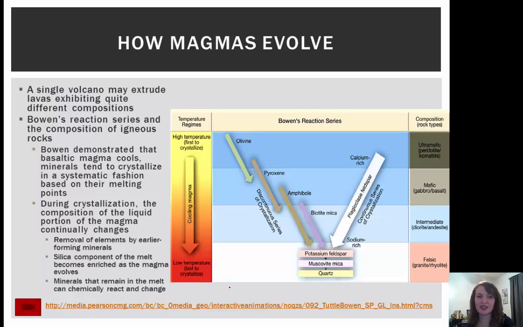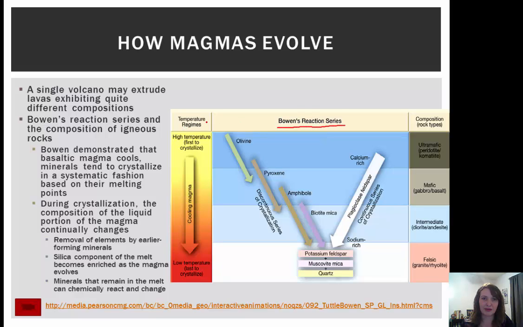During crystallization, the composition of the liquid portion of the magma is continuously changing, so you're removing elements by earlier forming minerals. The silica component of the melt becomes more enriched, and so the minerals that remain in the melt chemically react and change. This diagram shows you what Bowen's reaction series looks like.